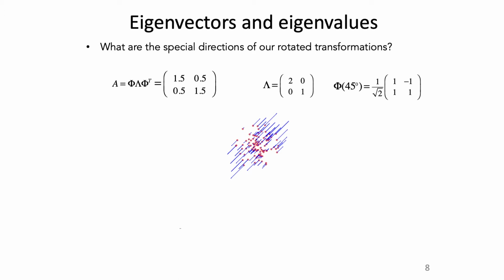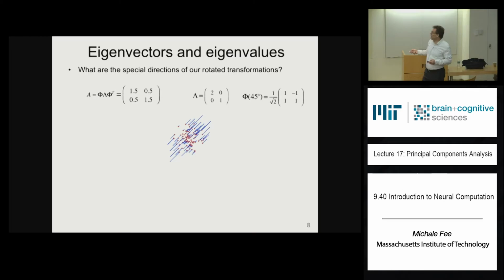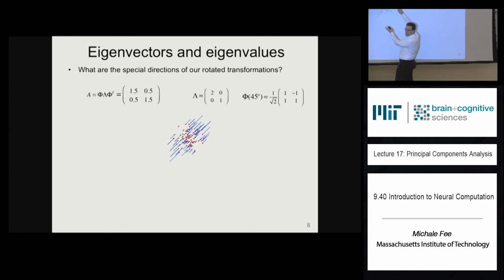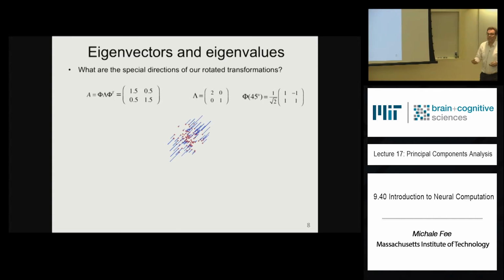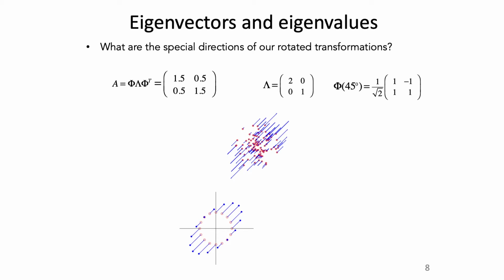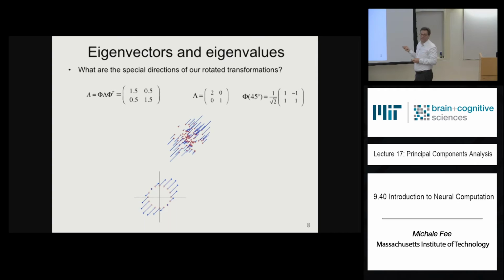We built it by taking this set of vectors, rotating them, stretching them, and then rotating them back. So we did that with 3 separate transformations applied successively, by multiplying phi transpose, lambda, and then phi.